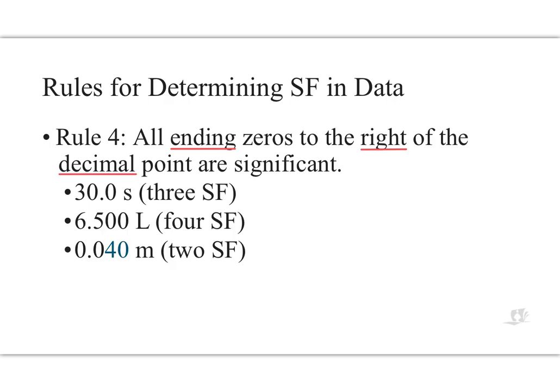If I were to write these in scientific notation, everybody remember that. How would I write it? All right, let's look at this first one, 30.0. If I were to write this in scientific notation, remember I have to have a number between 1 and 10. So I would move this over. When you do this, you're supposed to keep all of those. So I would say 3.00 times 10 to the first power.